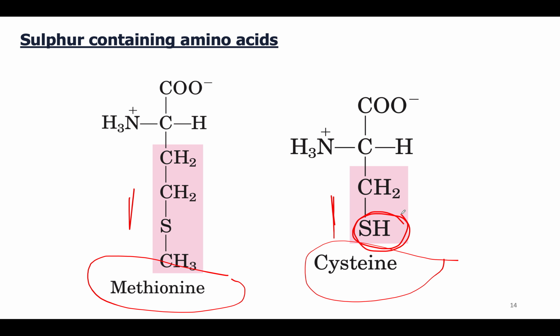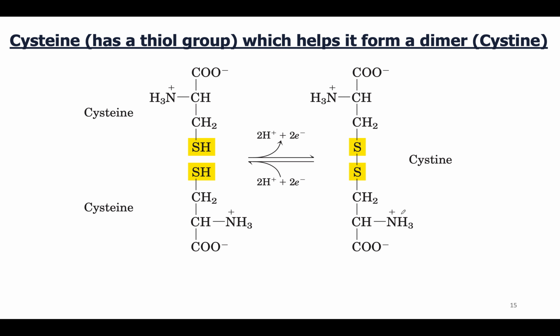A thiol group is chemically active. Actually, it has very high chemical activity. So that gives cysteine a unique chemical property.